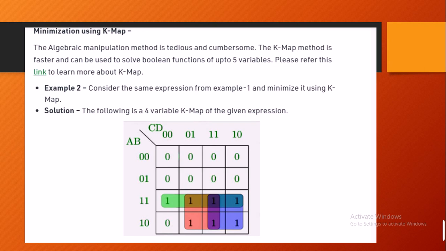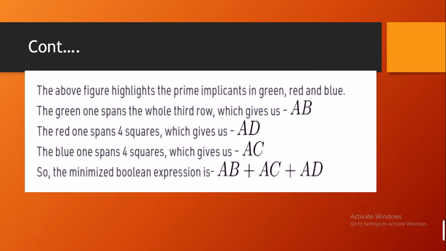So 0, 0 is A dash B dash, this is A dash B, this is AB, this is A B dash. Similarly, C dash D dash, C dash D, CD, and this is considered C D dash. So this is how we write it down, and the resultant would be listed as in the above figure.